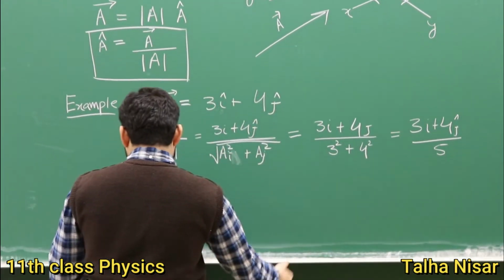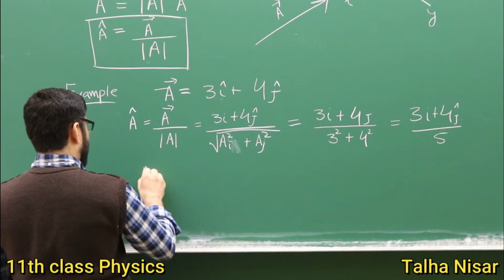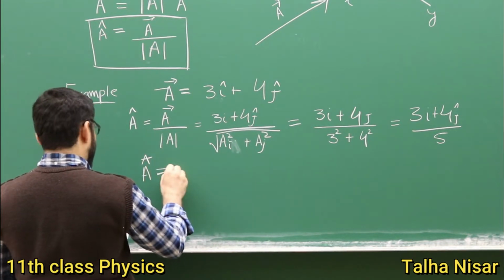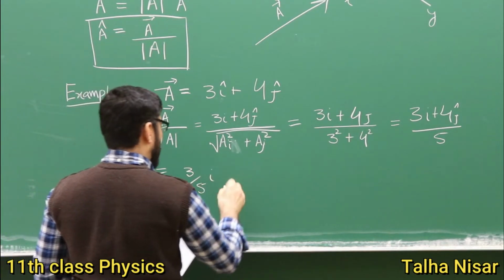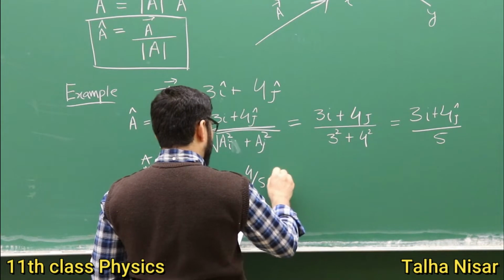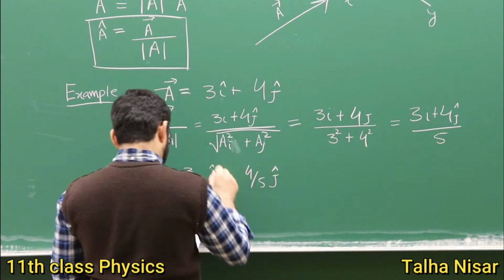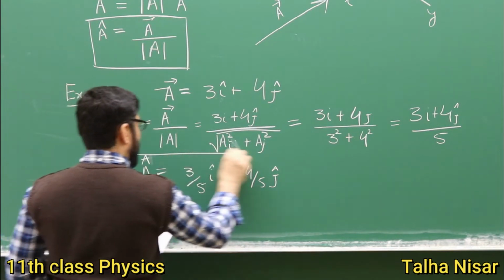So the result that we get for the unit vector is 3 by 5 i plus 4 by 5 j. So this is the unit vector that we get.